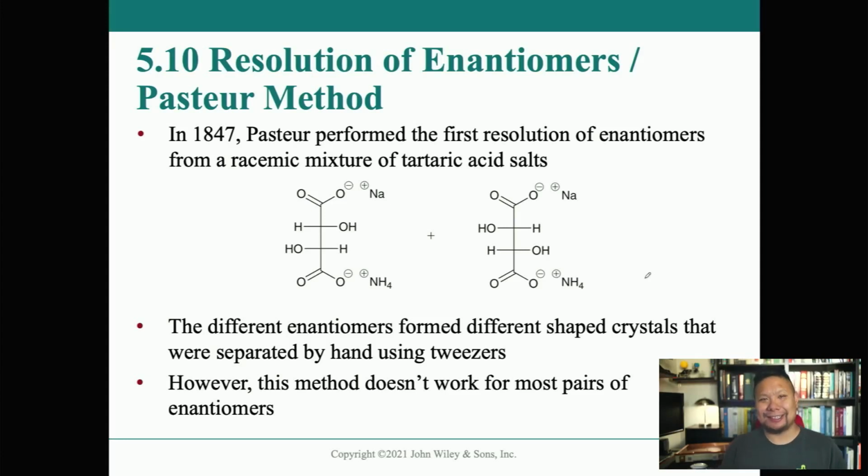Wow, right? That's really rough. So we use the word resolution here, and resolution just means literally separation. The better the resolution you have, the better the ability you have to separate something out. Okay, and so while this worked for these two enantiomers, it generally doesn't work.